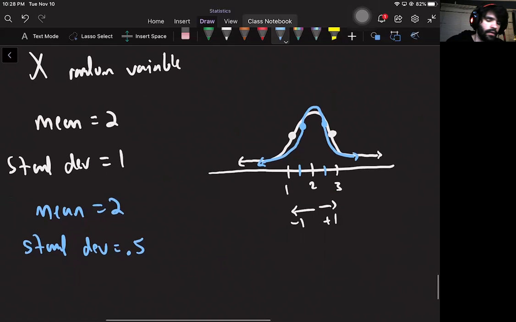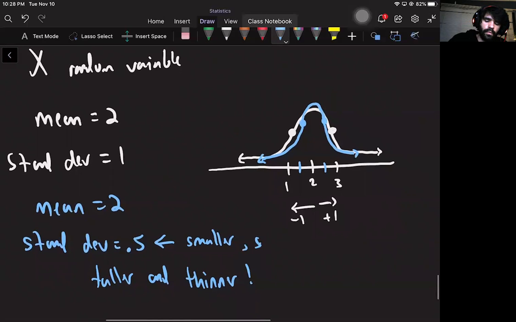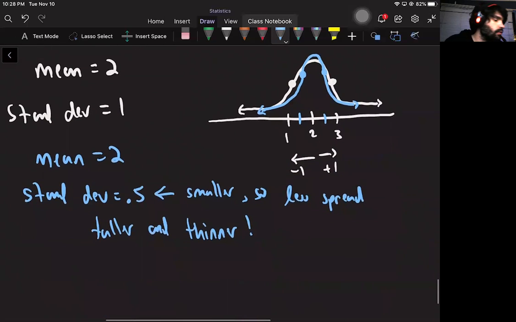That's the idea. So taller and slightly thinner because the standard deviation is smaller. So less spread. So things are closer to the mean. Everything should be squished up towards the mean more.